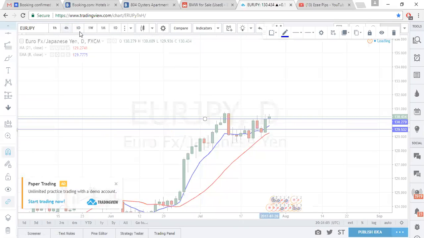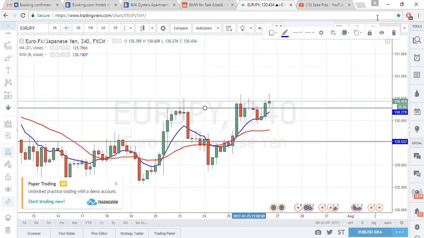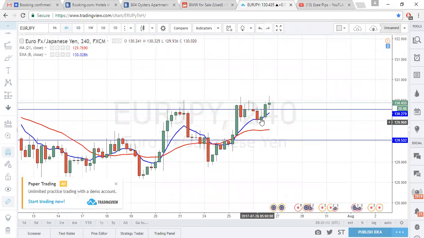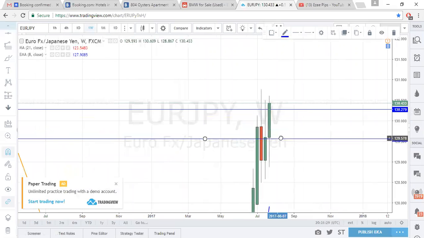If you go to a 4 hour time frame, your buy signal would have been here. Harami going long. You would have bought on this candle and be enjoying this trade. The previous one we saw was here when we entered in a week. This was our weekly entry here.